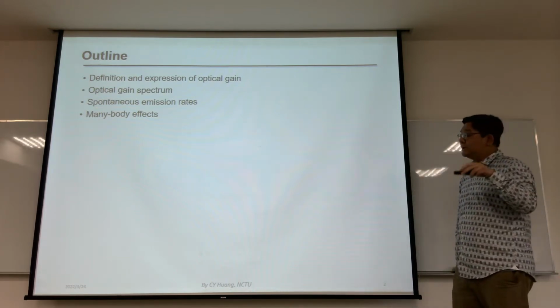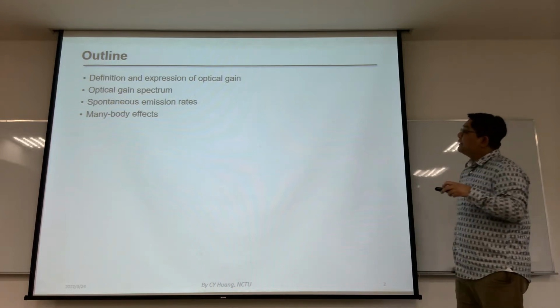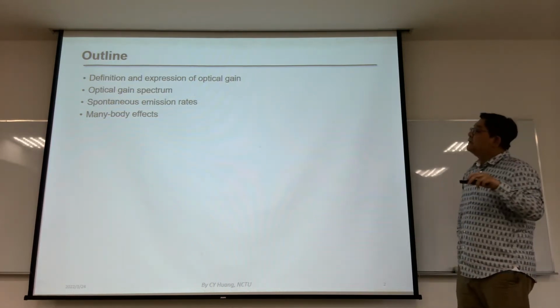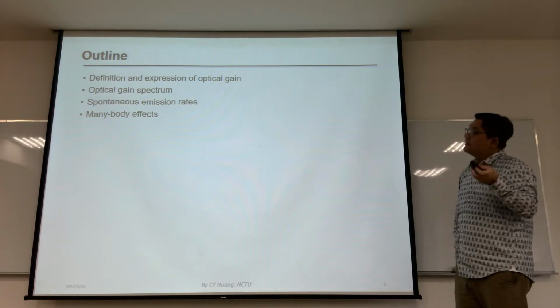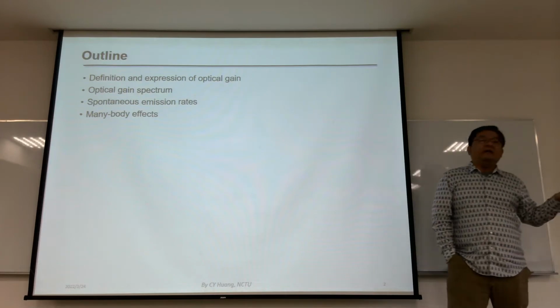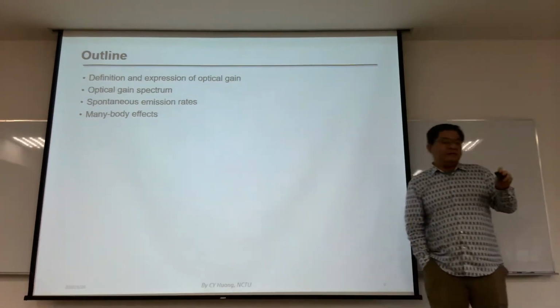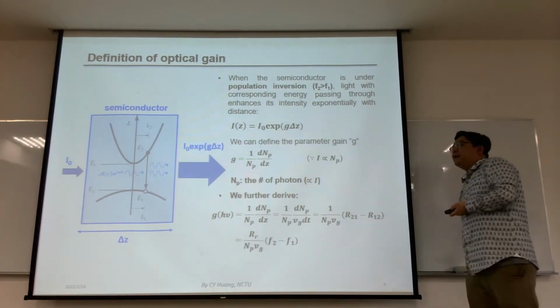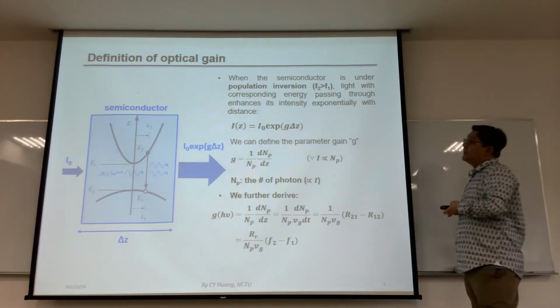We want to know the exact value of the optical gain, and then we will revisit some parallel effects in the spontaneous emission and some many-body effects that only happen when the carrier density is really high. So let's define the term of optical gain.